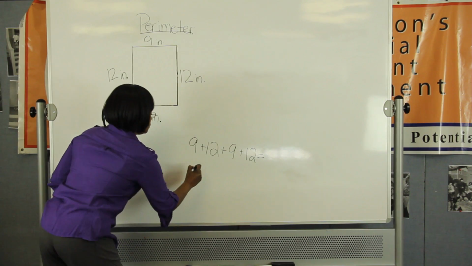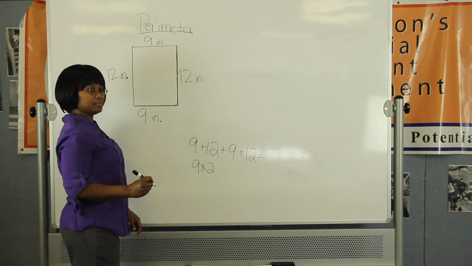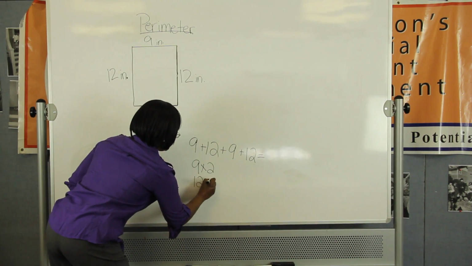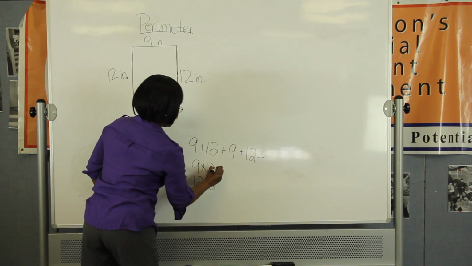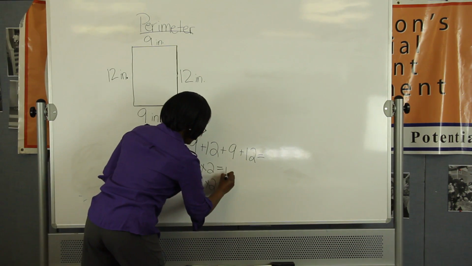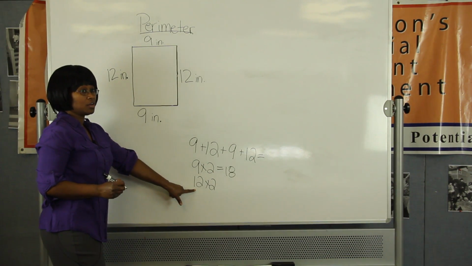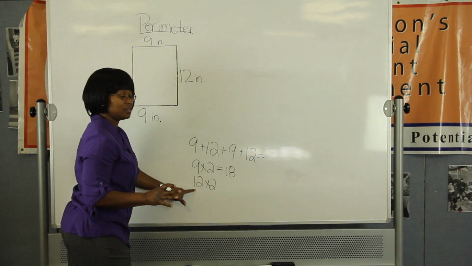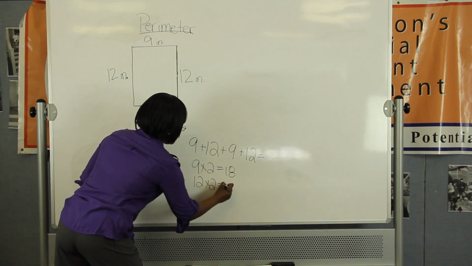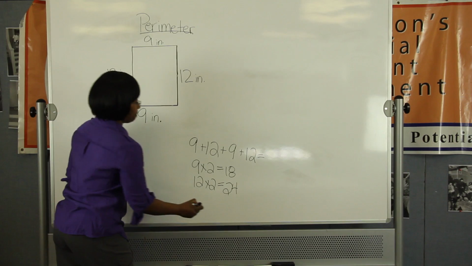So you could also do 9 times 2 and 12 times 2. 9 times 2 is 18. 12, a bigger number if you're having issues with the 12s. 12 times 2, not too big of a number, the 2, equals 24.